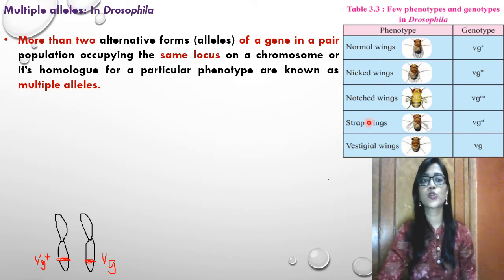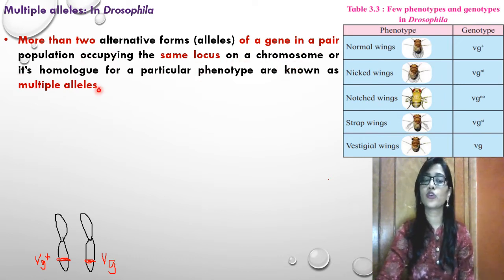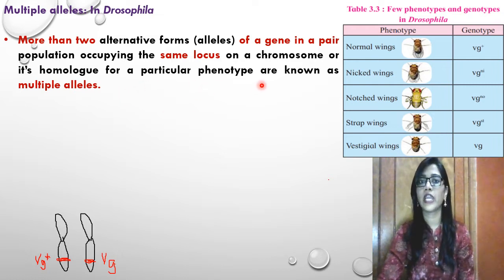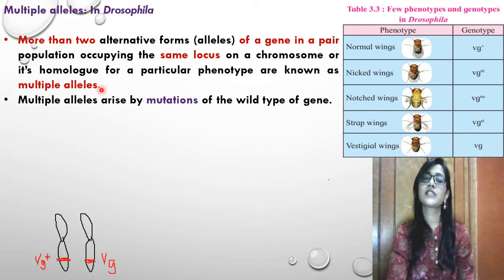So in Drosophila, more than two alternative forms or alleles of a gene in a population, occupying the same locus on a chromosome or its homologue for a particular phenotype, are known as multiple alleles. Multiple alleles arise by mutations of the wild type gene.